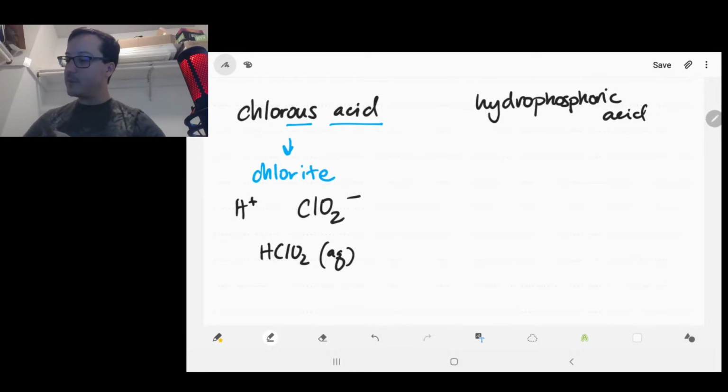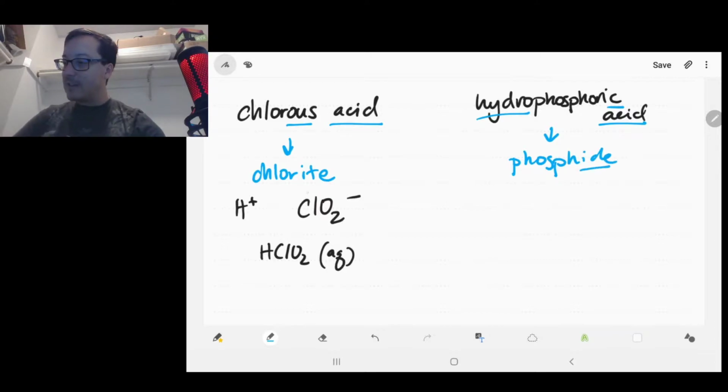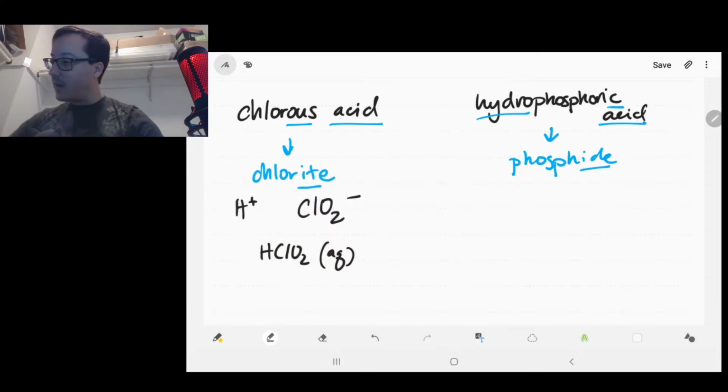Cool. With hydrophosphoric acid, we have to consider, okay, hydro-ic acid meant that something came from ide, right? So this must have come from phosphide. The ous acid comes from ite. Hydro-blank-ic acid is ide. And so we have to think, okay, what the heck is phosphide?